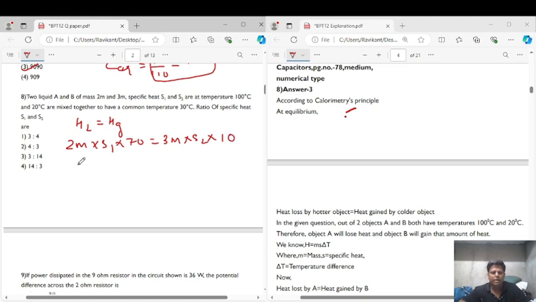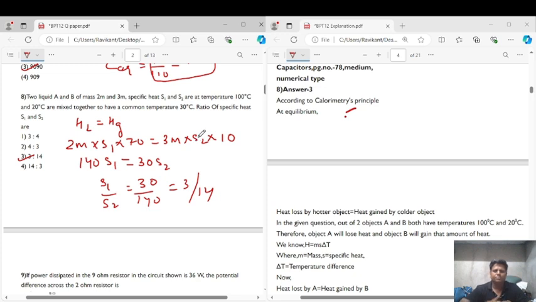So from here we get 140 S1 is equal to 30 S2. So S1 upon S2 is equal to 30 upon 140, which is equal to 3 upon 14. The ratio of S1 upon S2 is 3 is to 14. 3 is to 14 is option number 3. So the correct answer for question number 8 is option 3, right?